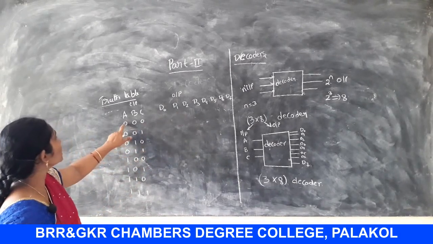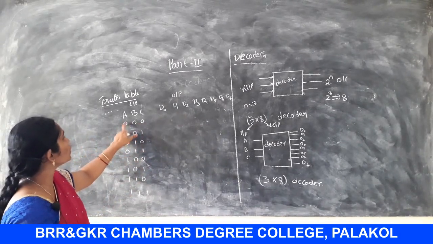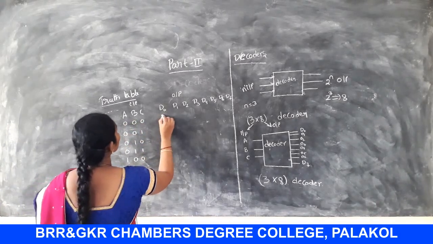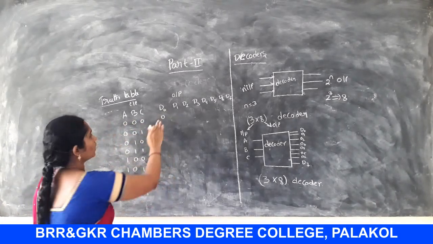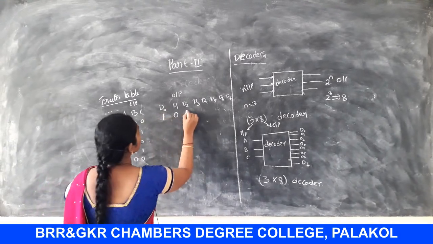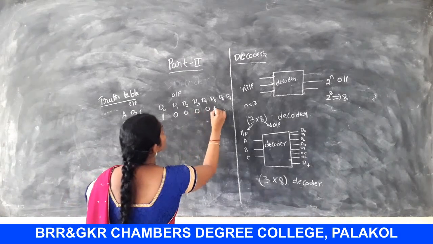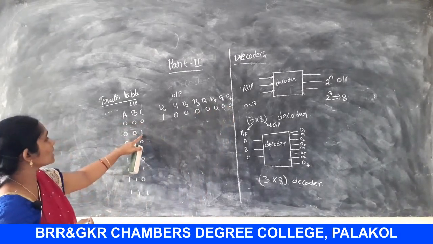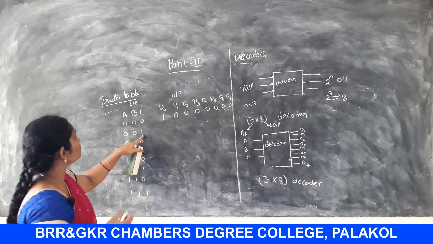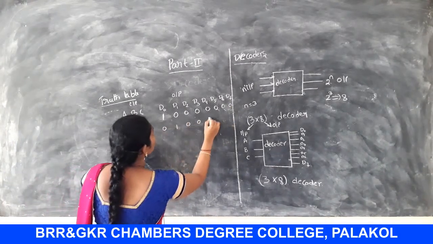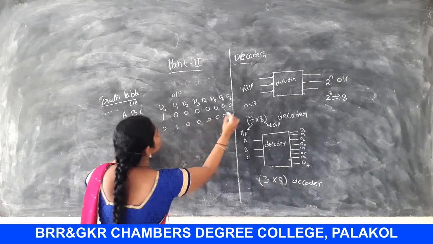Here this is 0, when we apply 0 0 0. Therefore it will select D0, so it is represented with 1 and all remaining are zeros. Next one is 1, so it will select D1 and all remaining are zeros.